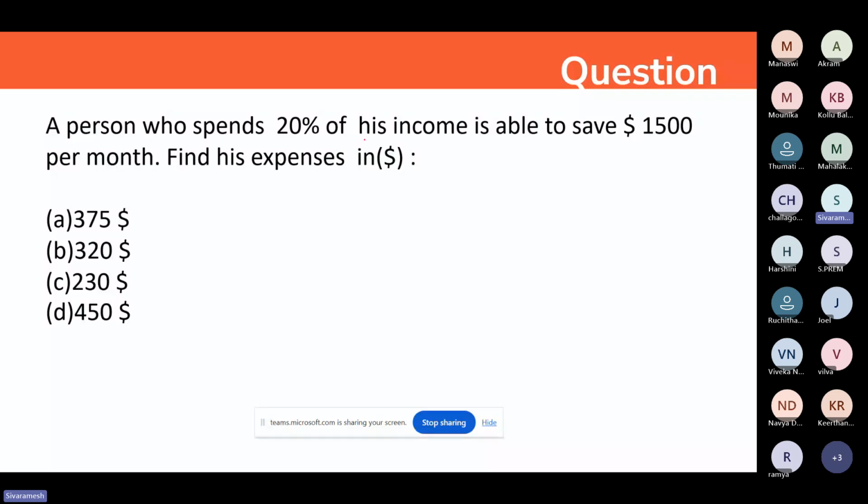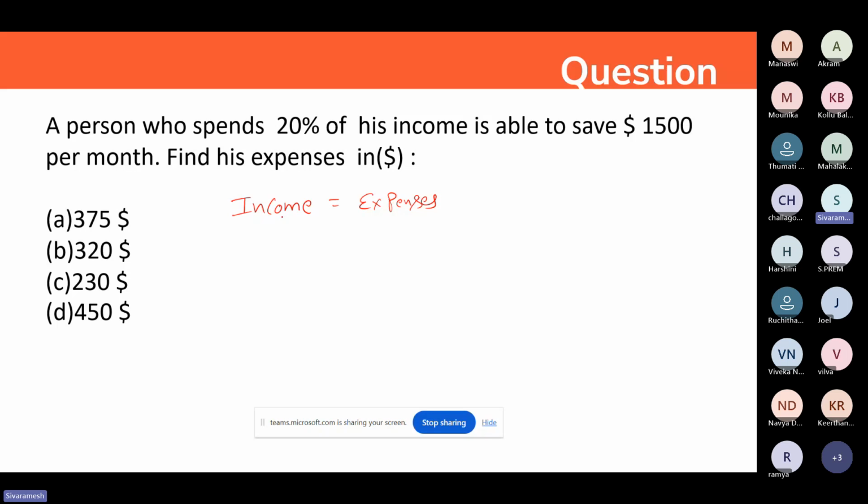One thing firstly we have to understand is income. Income means whatever salary you got, we call it income. What do you mean by expenses?